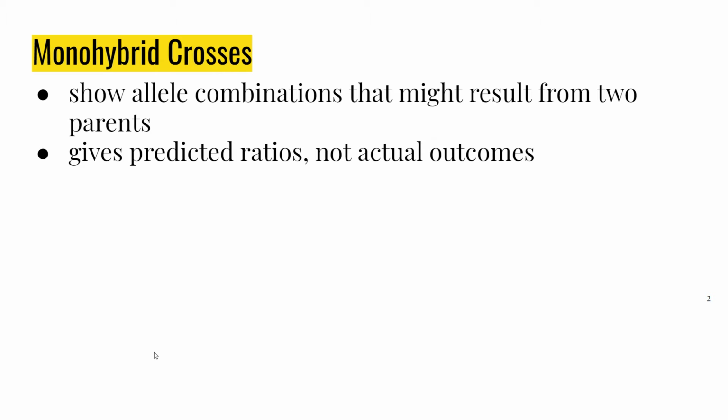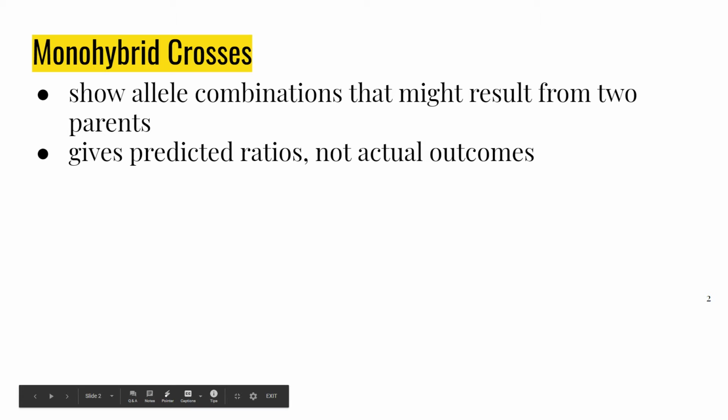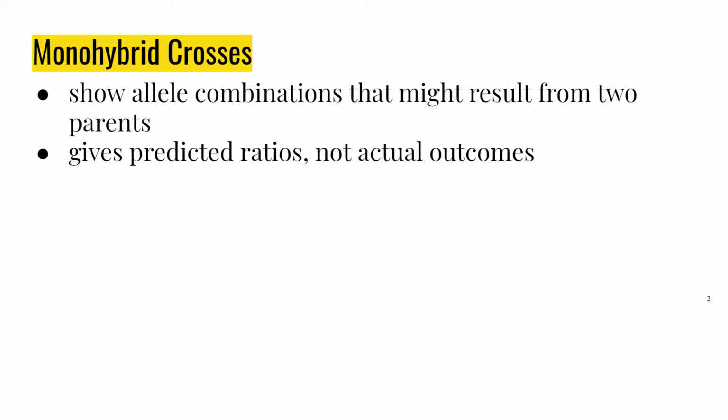Okay. A monohybrid cross shows allele combinations that might result from 2 parents. It gives predicted ratios, not actual outcomes. So when we do a monohybrid cross, we're taking the possibilities from 2 particular parents and showing what the possible offspring would be.